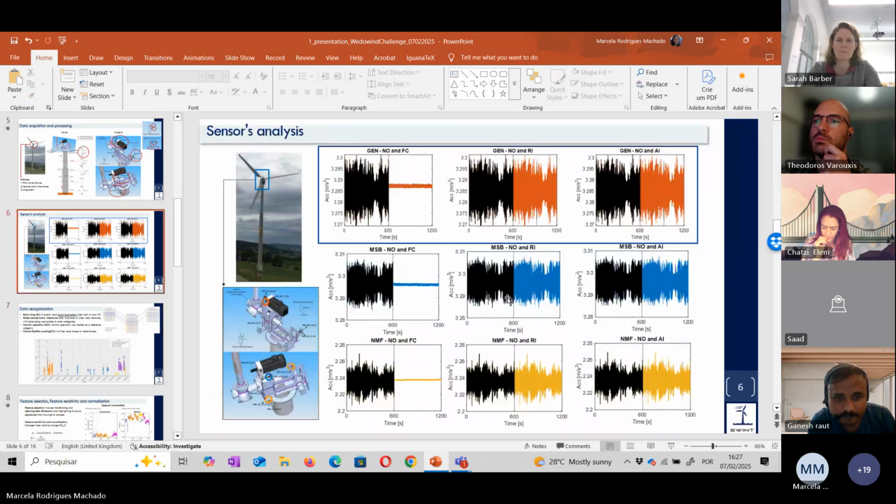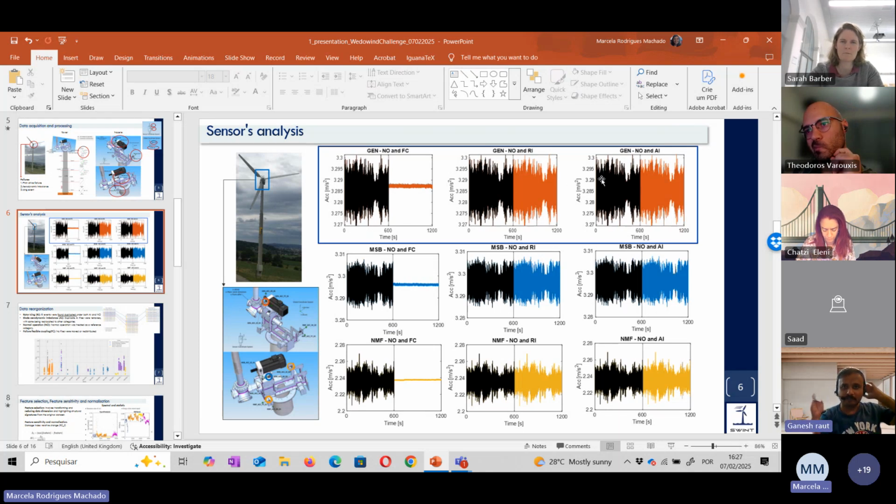Because we joined late in the challenge, we decided to use the generator accelerometers, because it was a lot to process and understand. And based on generator acceleration, you are predicting pitch drive failure.